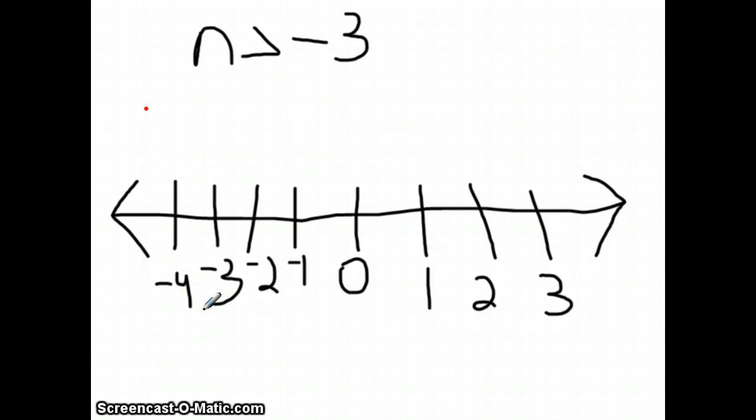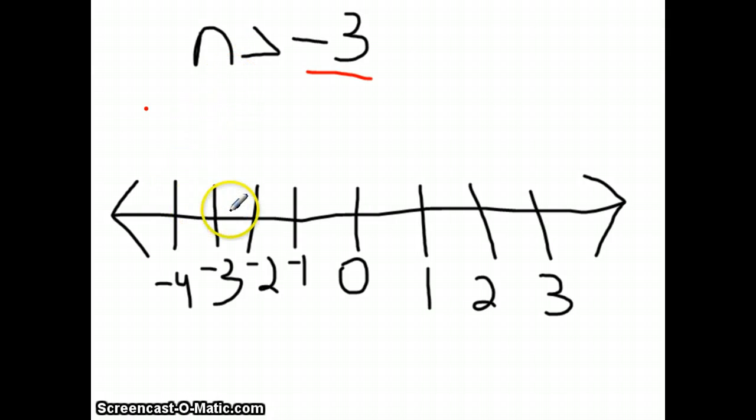Alright, now we changed it up a little bit. Using the same number, we're still using -3. If you remember when we just did greater than or equal to -3, we colored in the dot on -3 on our number line and drew our arrow to the right. Now on this one, the difference is, since it's not greater than or equal to, -3 will not be included, because n has to be greater than -3, not greater than or equal to.